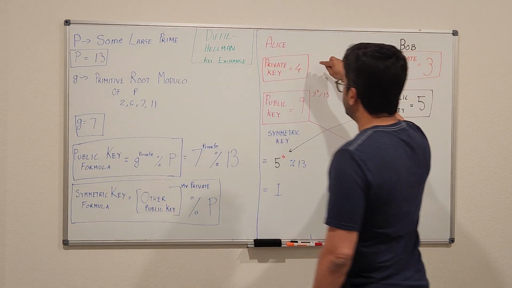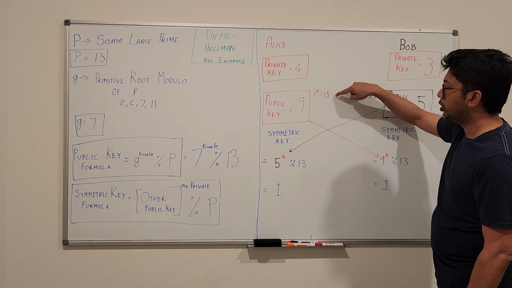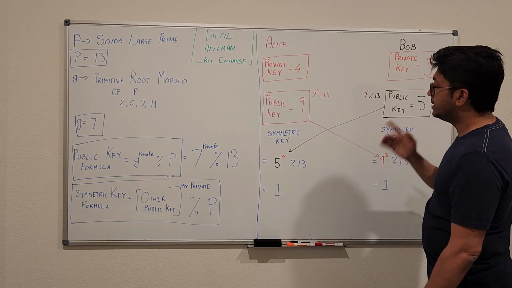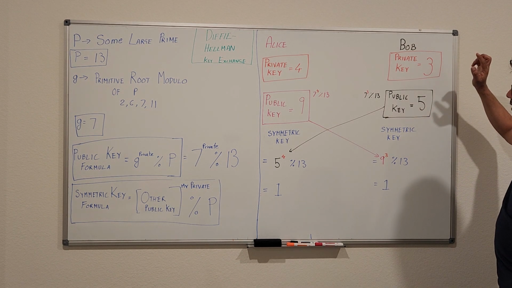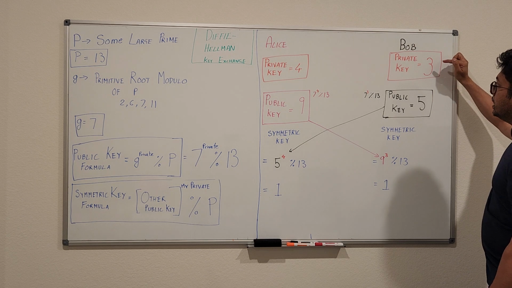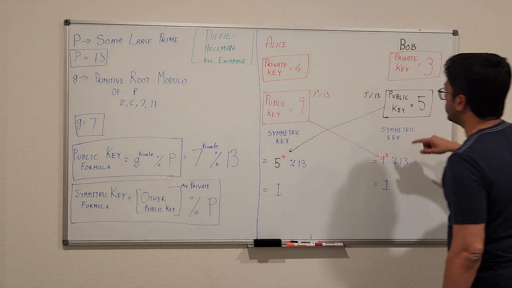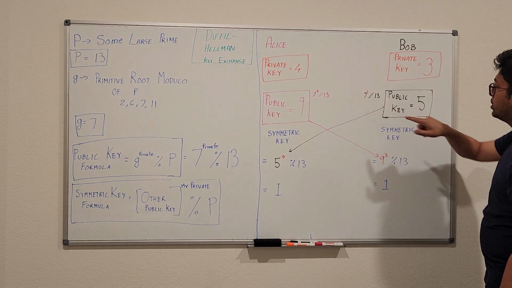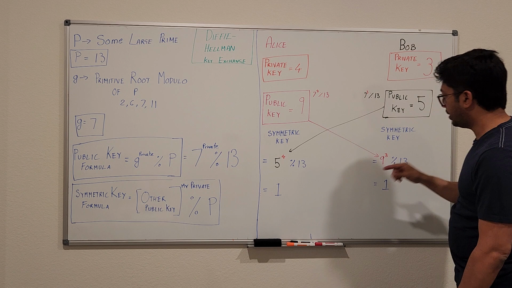So if you picked 4, your public key would be 7 raised to 4 modulo 13, which comes to 9. Similarly, your friend picks a private key 3, which is again only in his head. He takes 7 raised to 3 modulo 13, which comes out to 5. He will tell you 5, and you will tell him 9.